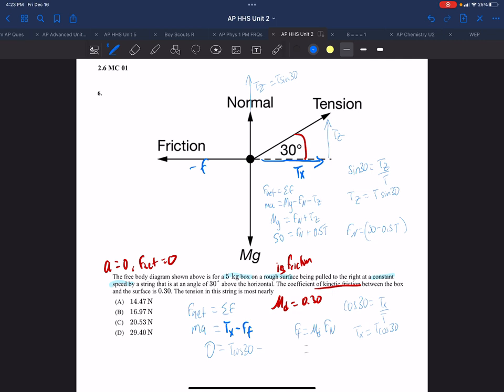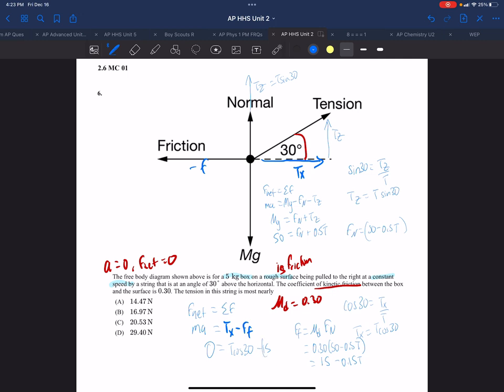So that takes us to our mu dynamic, which is 0.30, and the force normal is 50 minus 0.5 T. Distributing the 0.3, we get 15 minus 0.15 T is the force of friction.